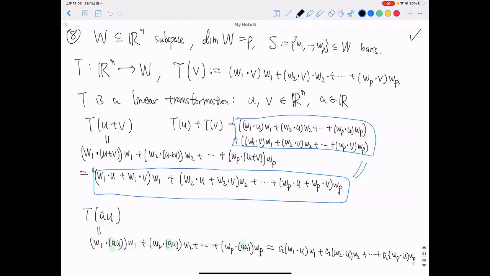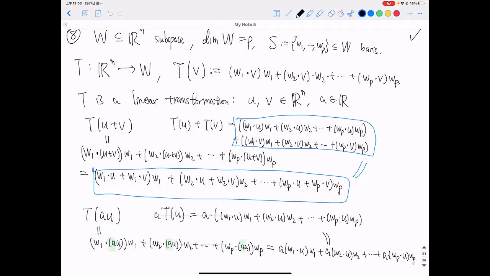Okay. Now, on the other hand, we should compute A times T of U. And that's straightforward. That's just A times (W1 dot U) W1, (W2 dot U) W2, up to (WP dot U) WP. And then once again, you just examine these two expressions, you see that they are equal, right?